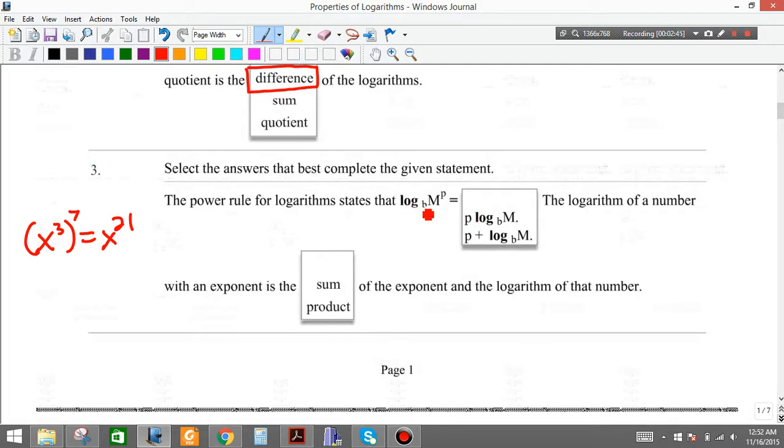And so log base b of m to the p is p times log base b of m. And therefore the logarithm of a number with an exponent is the product of the exponent and the logarithm, because here it was the product of 7 and 3, but 3 is the log. So it's the product of the power and the logarithm. It's the product of the exponent and the logarithm of that number.